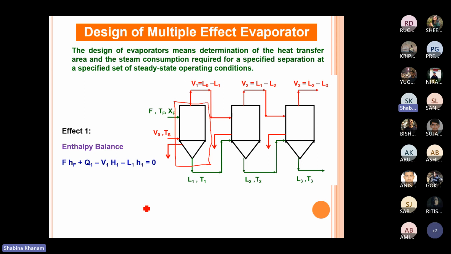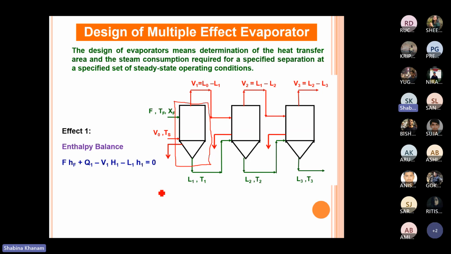Enthalpy of vapor, you understand, is the enthalpy of liquid plus heat of condensation, so that should be lambda plus h naught. Sorry, h1 is small h1, because that is the enthalpy of the liquid.